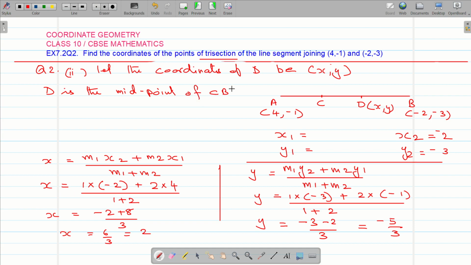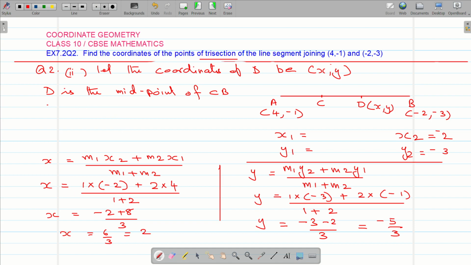You can also find the coordinates of D by taking the ratio AD is to DB is equal to 2 is to 1. But it will be easier if you take the midpoint of CB as D.